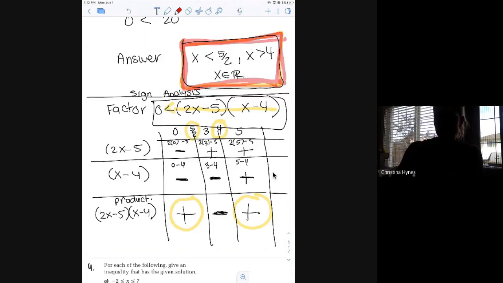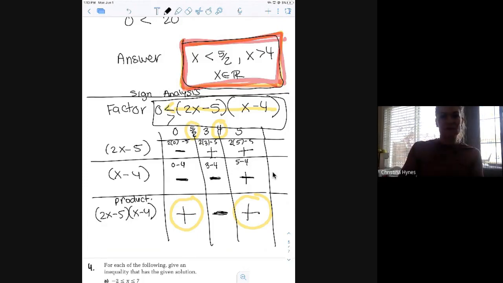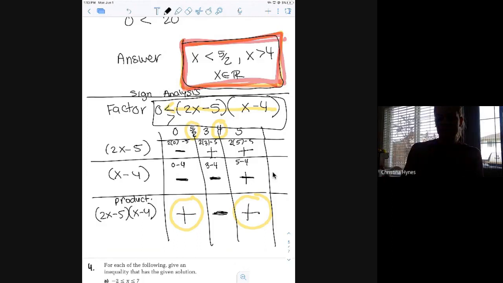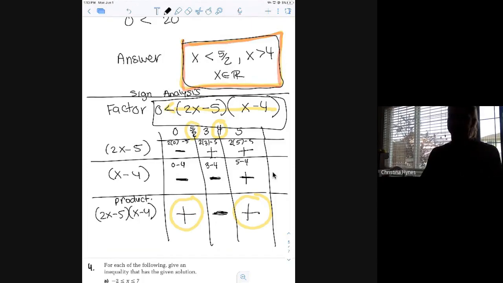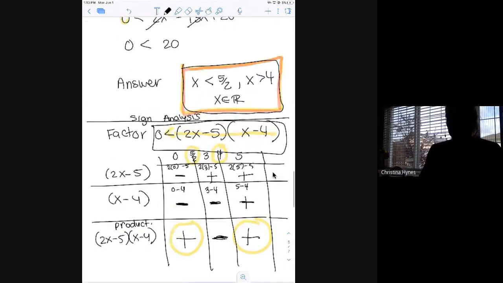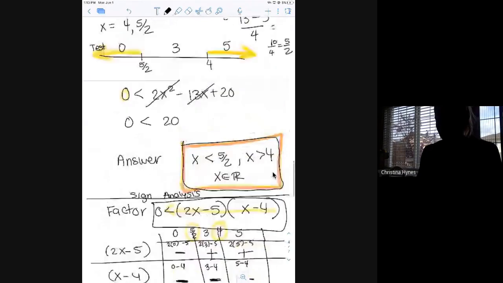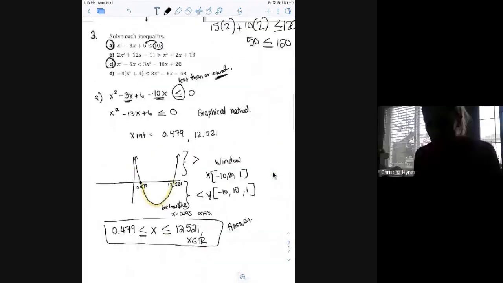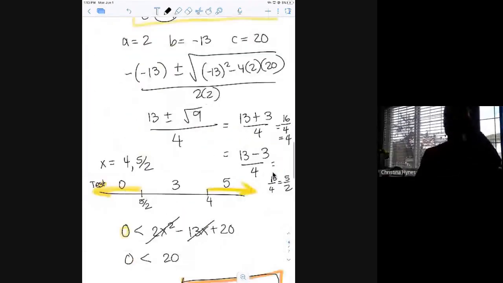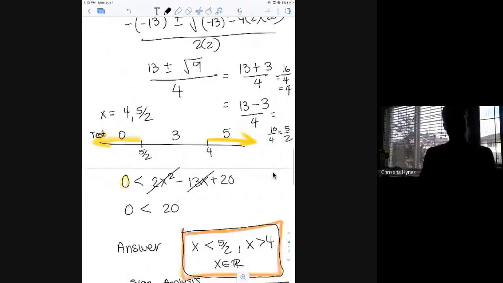If they had the symbol reversed, like let's say they had this symbol right here, that means that 0 is greater. That would be that the middle part, this part would be the solution, but it's not, okay? So that is what you do to check. And that is it for question number 3. So I just showed you the 3 methods, so you can choose between sign analysis, the number line to show it, or graphically, as long as you explain kind of what you're seeing and how you're getting your answer.